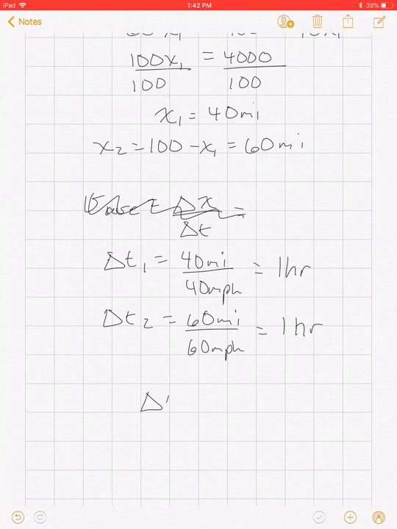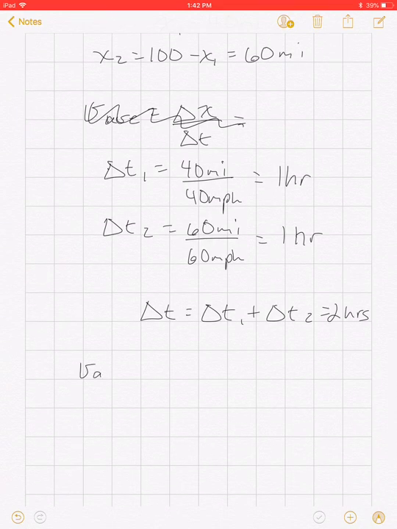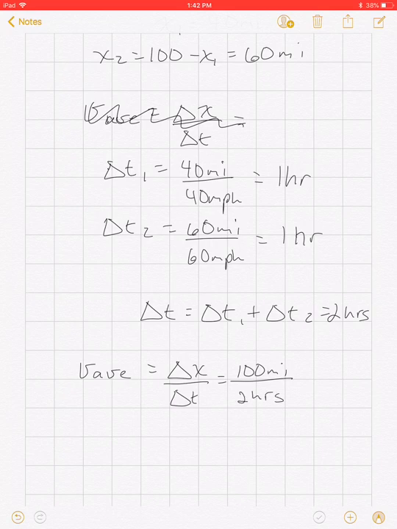So that means delta t total is the sum of both of these parts, and that's just going to be 2 hours. So when we're looking for our average velocity, now we've got total distance over total time. Our total distance is 100 miles, and our total time is 2 hours. In this case, we get 50 miles per hour as our average velocity.